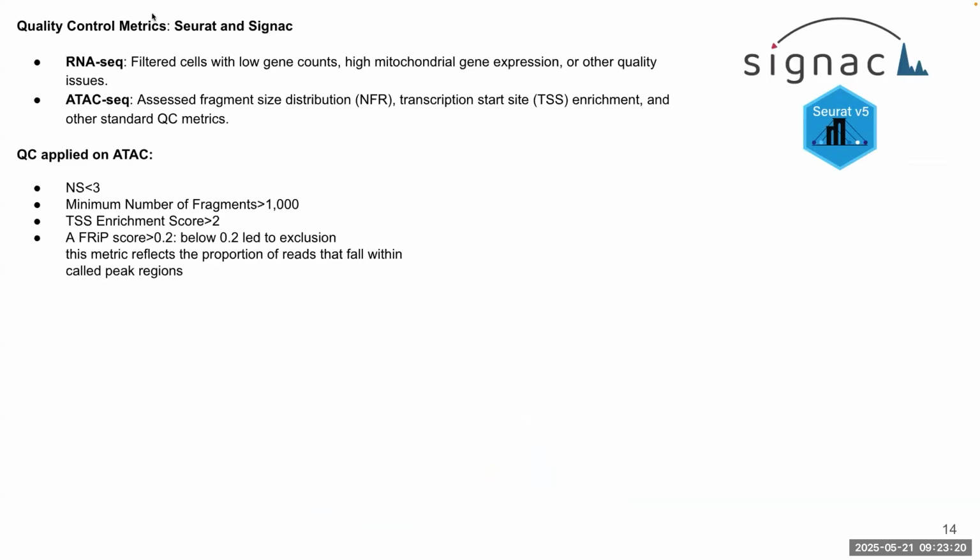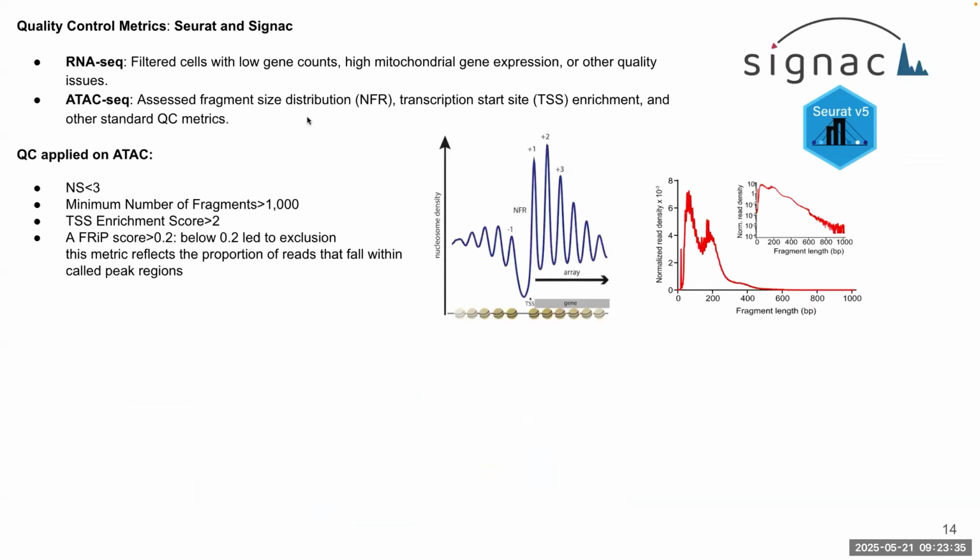For the RNA side, they apply regular steps like filtering cells with low gene counts, high mitochondrial gene expression, and other quality issues. And in ATAC-seq, they assess fragment size distribution, as well as transcription start site enrichment, and other standard QC metrics that are widely used during this analysis.